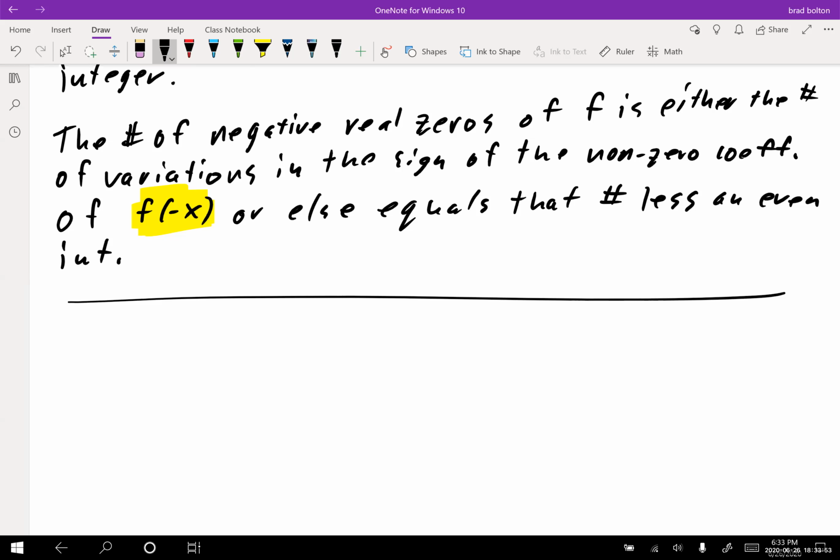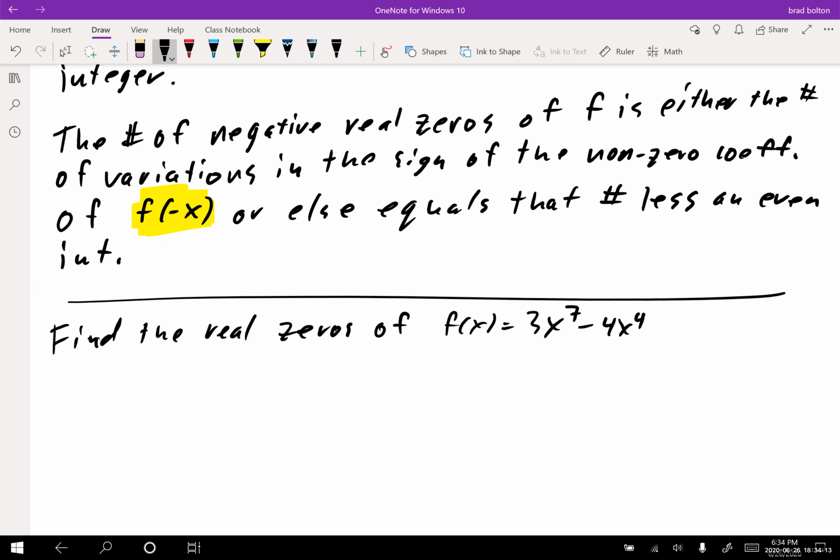So it says find the real zeros of f of x equals 3x to the 7th minus 4x to the 4th plus 3x cubed plus 2x squared minus x minus 3.